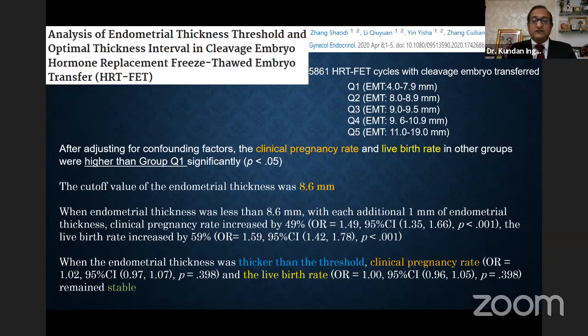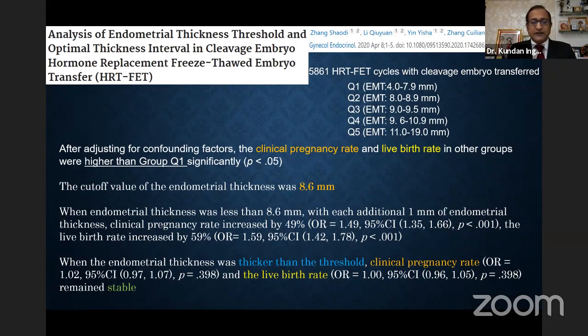Here, 5,861 cycles with a cleavage stage embryo were divided into 5 groups according to endometrial thickness. Group 1 had a thickness between 4 to 8 millimeter, group 2 had 8 to 8.9, group 3 had 9 to 9.5, group 4 had 9.6 to 10.9, and group 5 had 11 to 19 millimeter.